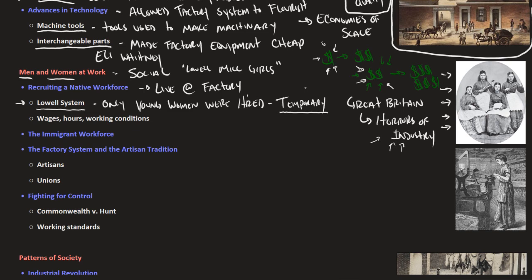And the reason why this idea was embraced was for a couple of reasons. One was that requiring young women to live at the factory created a more respectable workforce than what you would have in places like Great Britain. Very strict rules. It wouldn't be the constant violence and fighting and everything else like that.